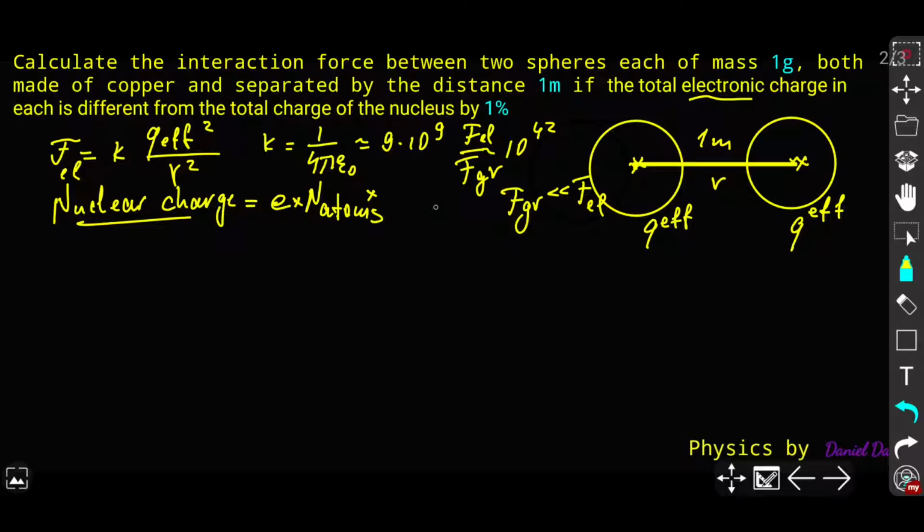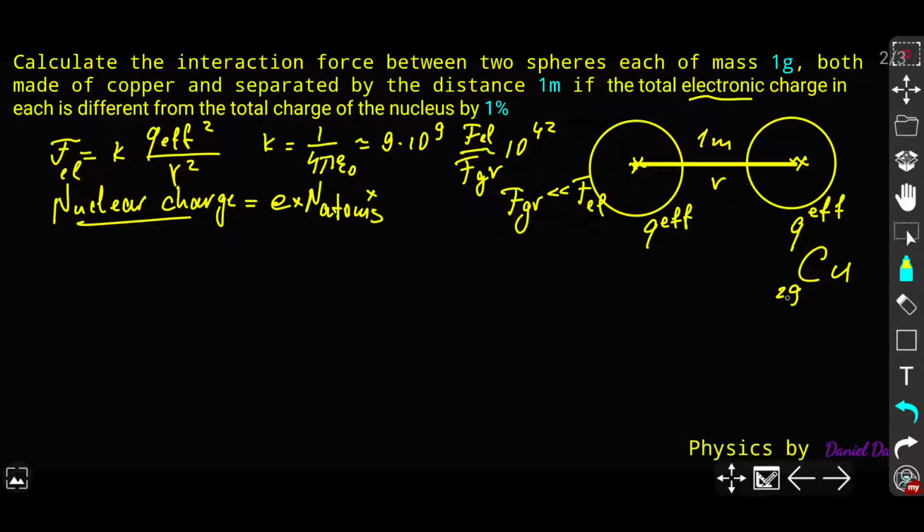So we just have a look at the Mendeleev table for this particular element, for copper. You can see that there are 29 electrons or protons inside this particular element.